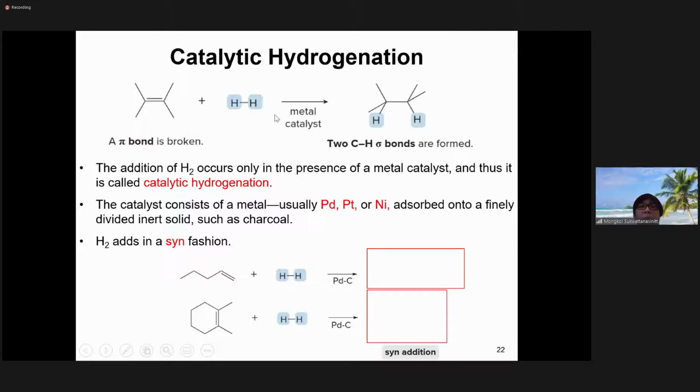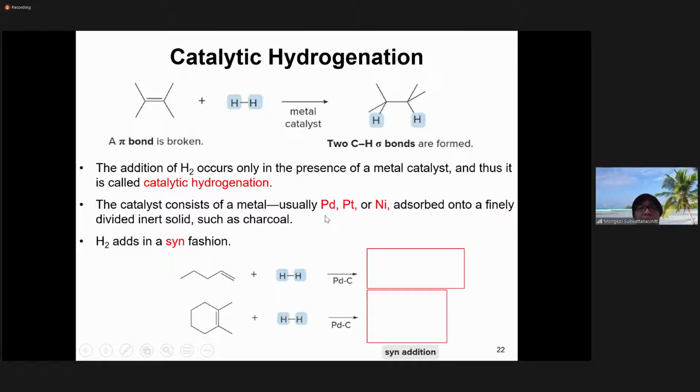You need a metal catalyst to activate both the alkene and the hydrogen molecule to break this pi bond and the sigma bond between the hydrogens, and add the hydrogen atoms to this alkene structure.